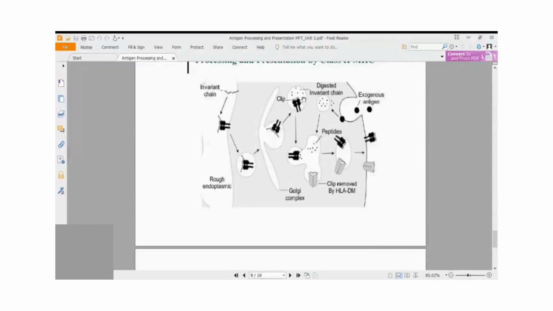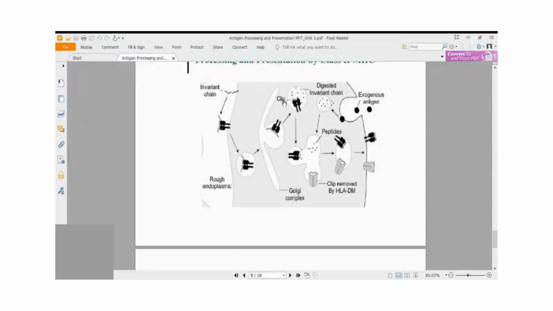And when it fuses with the lysosome, the invariant chain protein that was bound to it is going to be trimmed. All the excess amino acids on either side are going to be trimmed and formed into a CLIP protein.